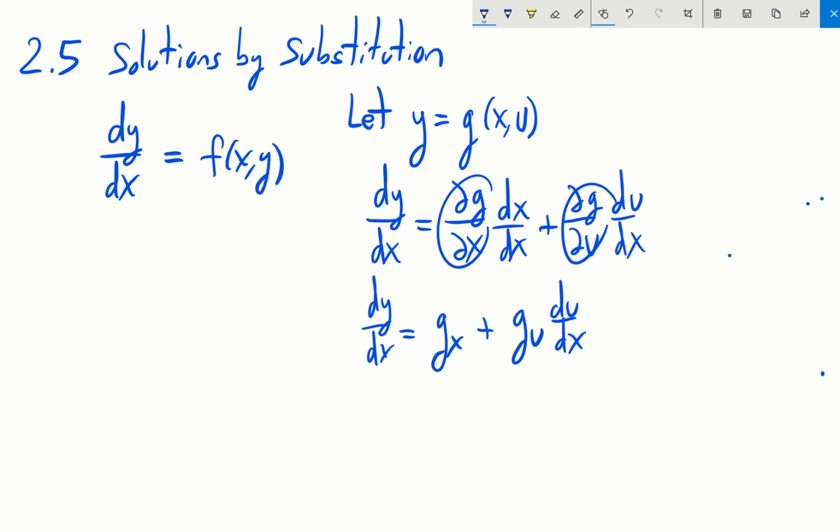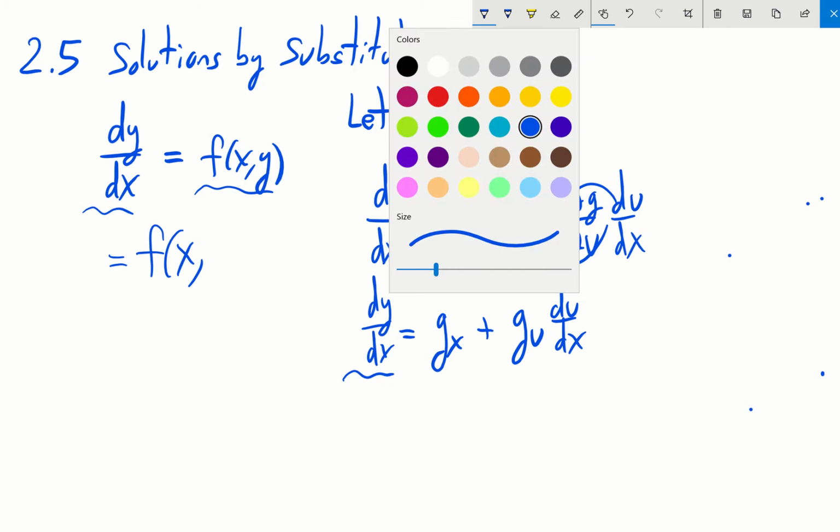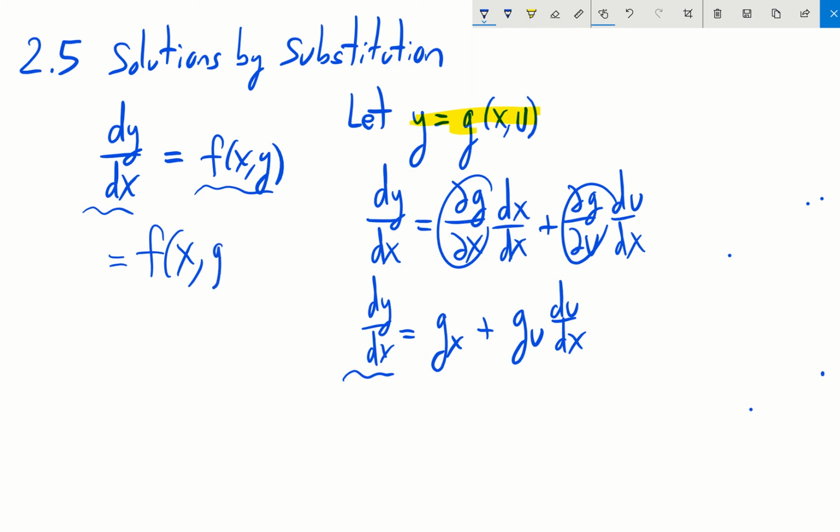And furthermore, where we see dy dx, recall dy dx was equal to f of x comma y, which now we're presupposing is equal to f of x comma, what's y? Well, y is g of x comma u. So this is f of x, g of x and u, and the u itself, we're thinking of u also as being some function of x.